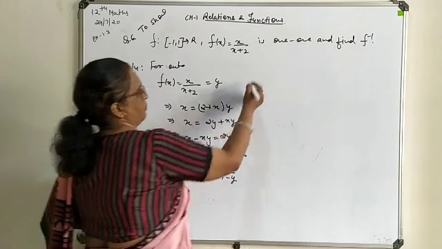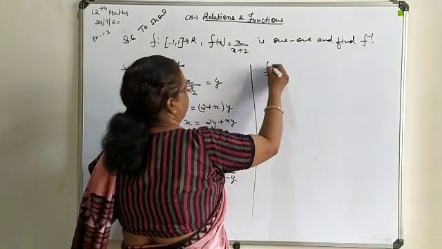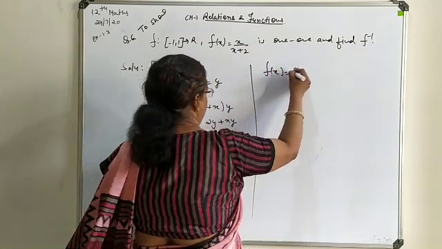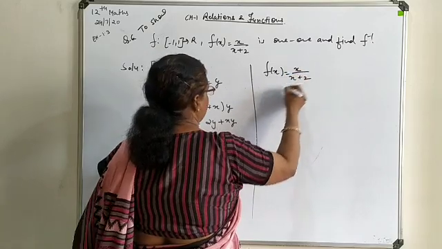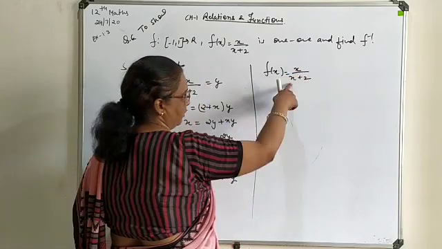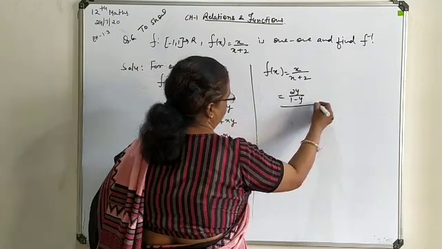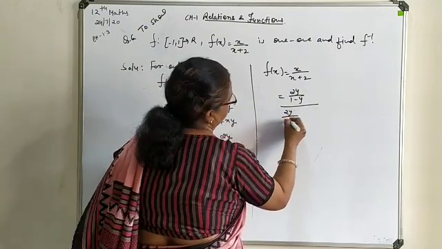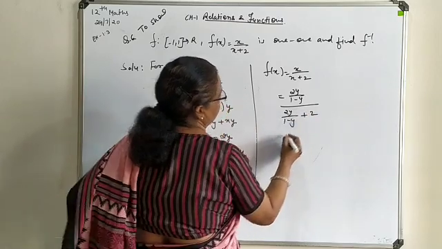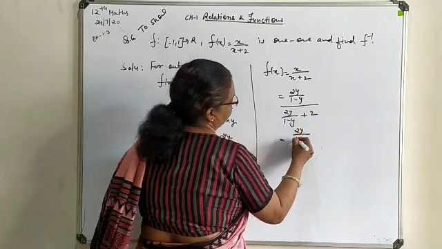So here your f(x) is available as x upon x plus 2. That means x in terms of y you will write here, means 2y upon (1 minus y), upon 2y upon (1 minus y) plus 2. Go for taking LCM. This is 2y over (1 minus y).